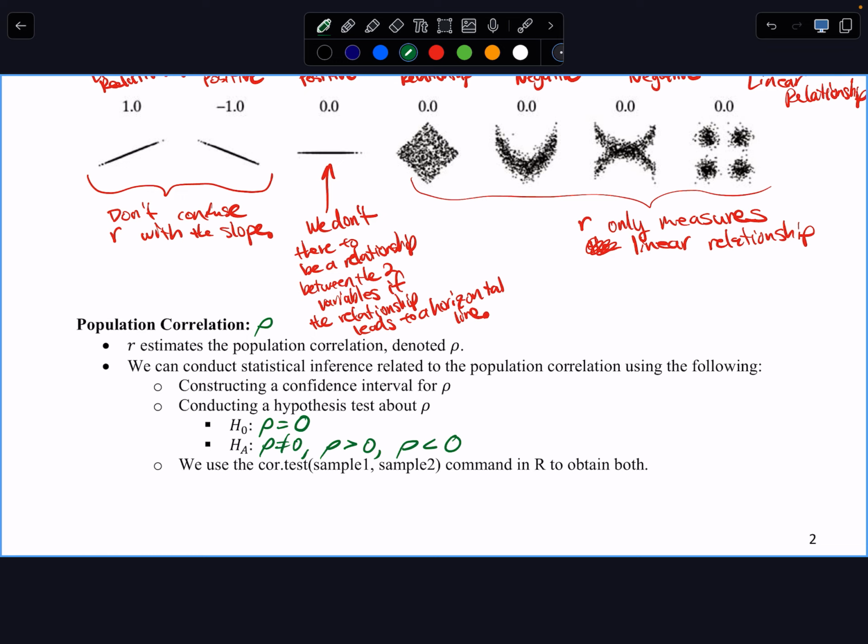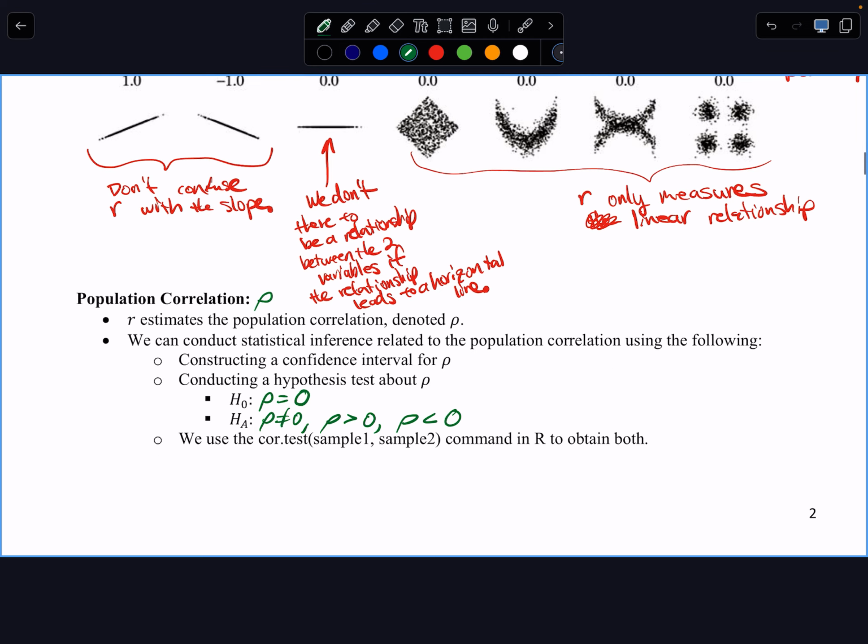All right. The code that we're going to use here is cor.test. It's cor for correlation. It's going to give us the confidence interval and the hypothesis test. And note, we can use the alternative equals option when we're testing greater or less than. I don't have it here on the notes, but we can add that as a third option once we have our two data sets entered.